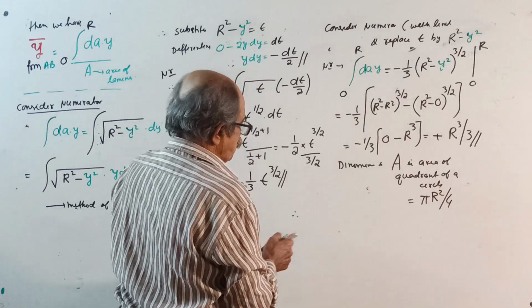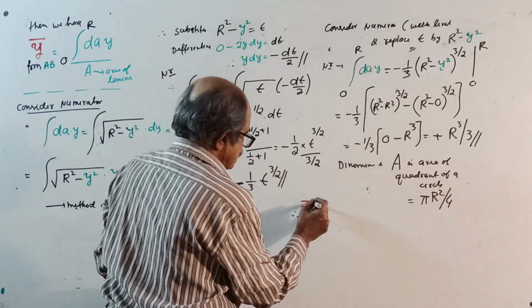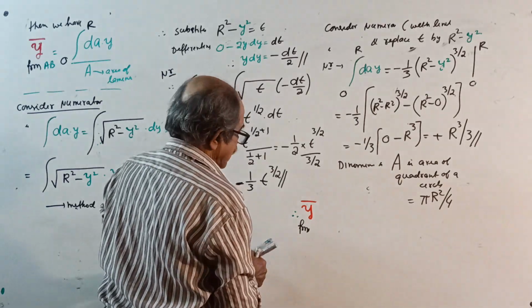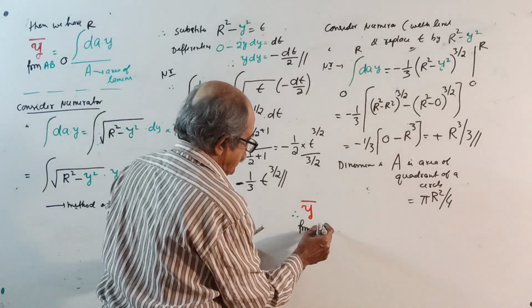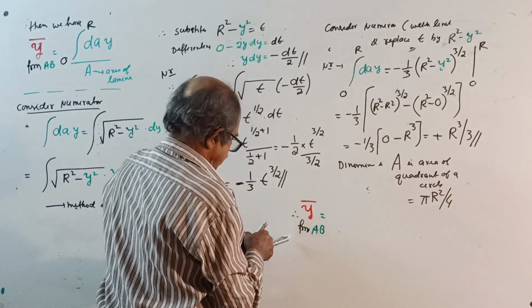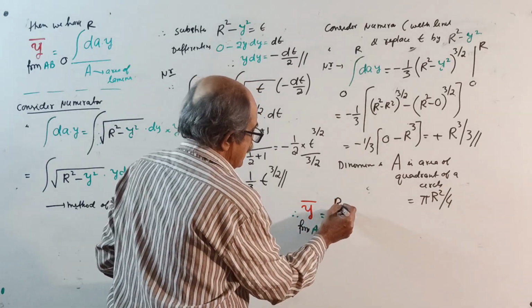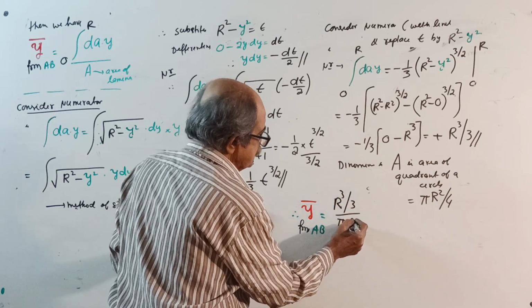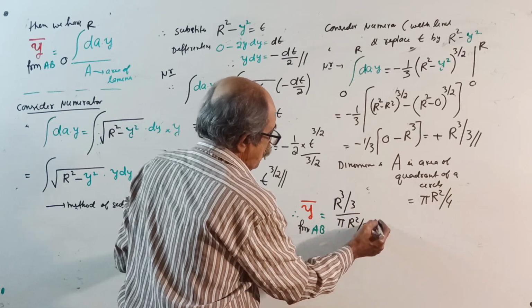Therefore, substitute your y bar from that reference line AB: numerator r cube by 3 divided by pi r square by 4.